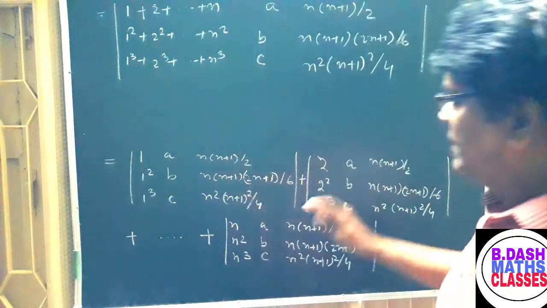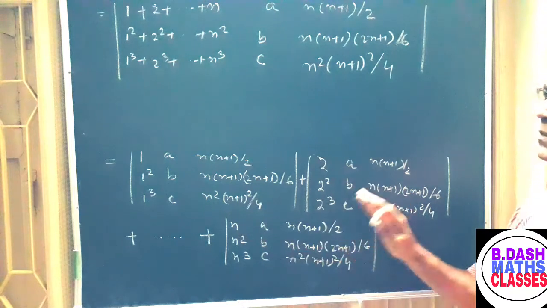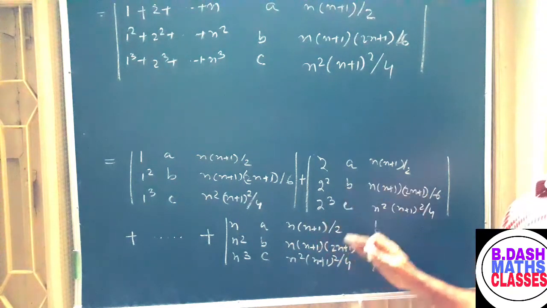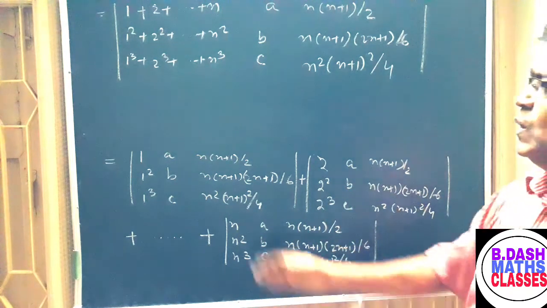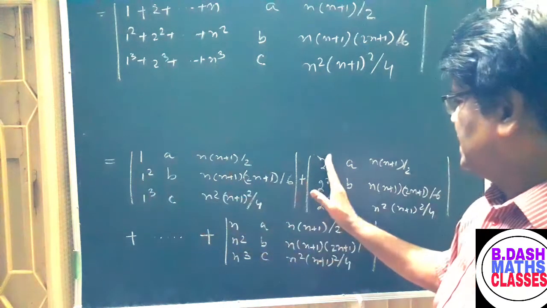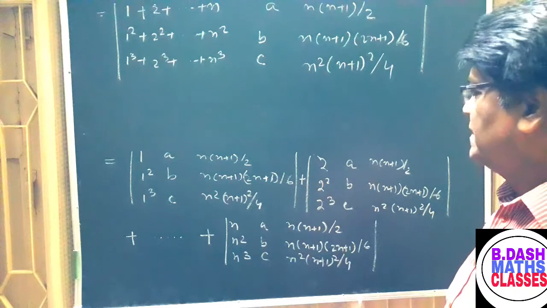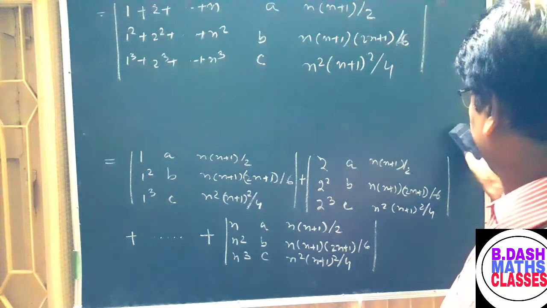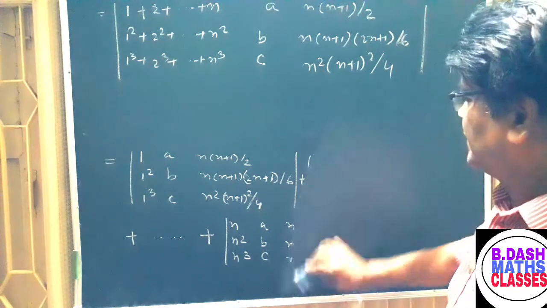I have taken the addition of all the n determinants in the first column only, so everything else will remain as such.